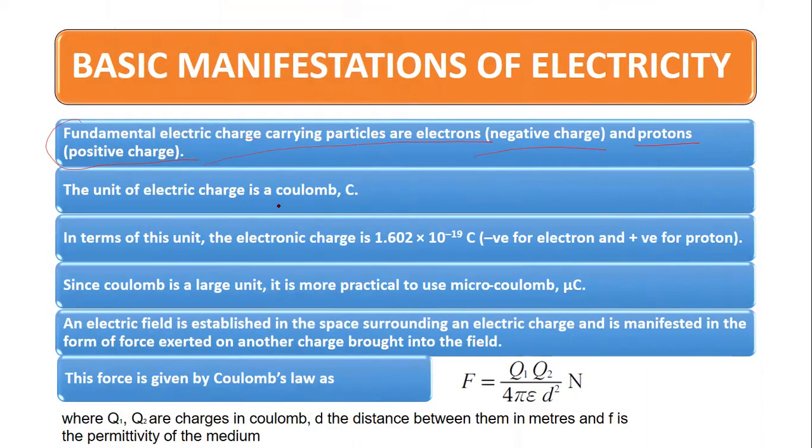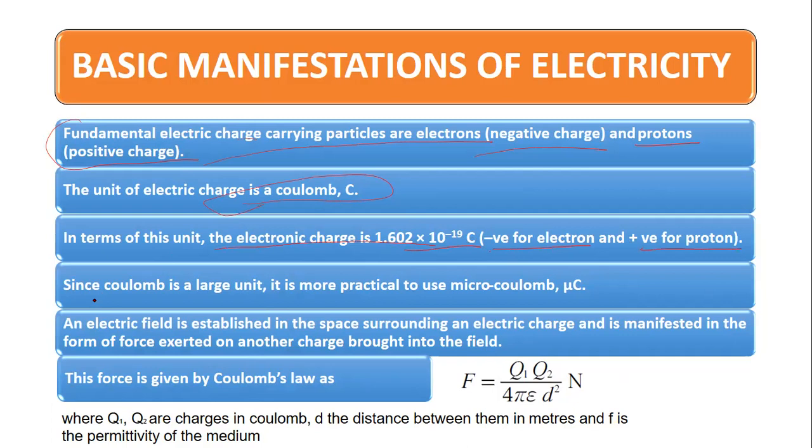They all possess charge, and the unit of charge is the coulomb. The electronic charge is equal to 1.6 times 10 raised to the power minus 19 coulomb, negative for an electron and positive for a proton.